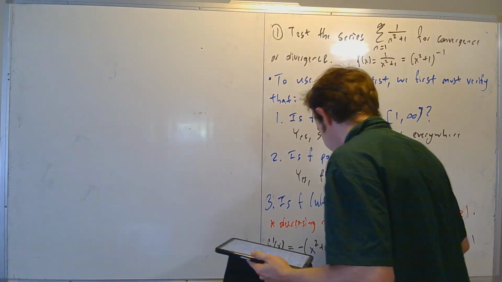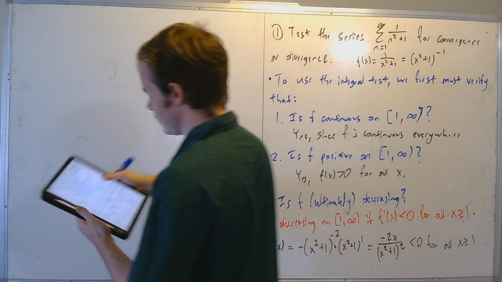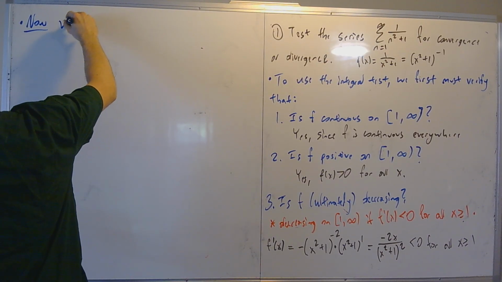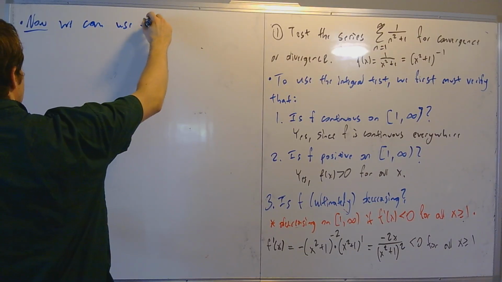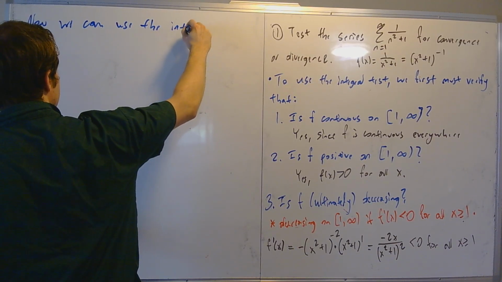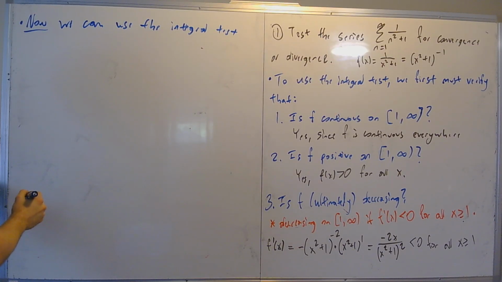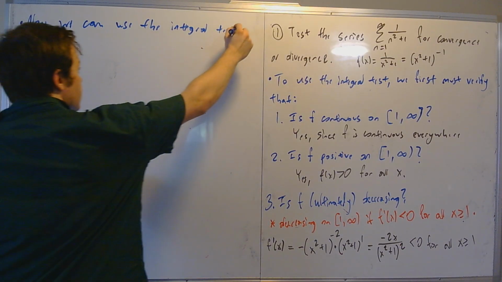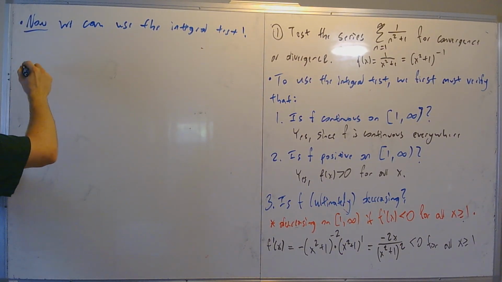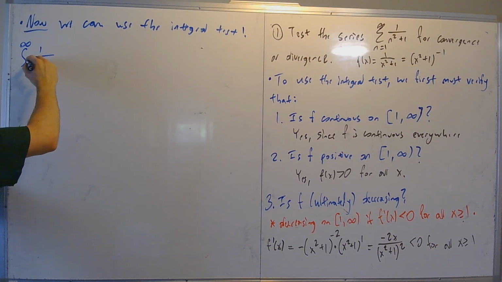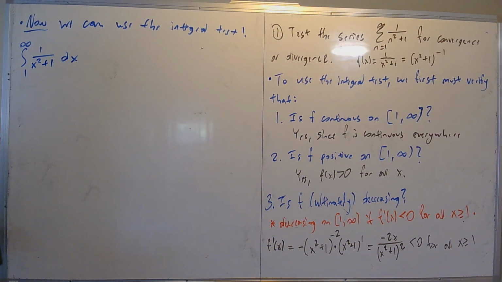So I'll write here, now we can use the integral test, now that we've verified all of those things. Now we can say that the integral from 1 to infinity of 1 over x squared plus 1 dx, now we need to take this integral.